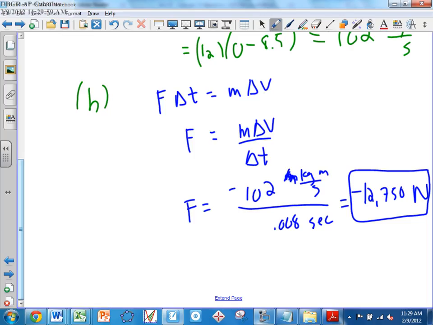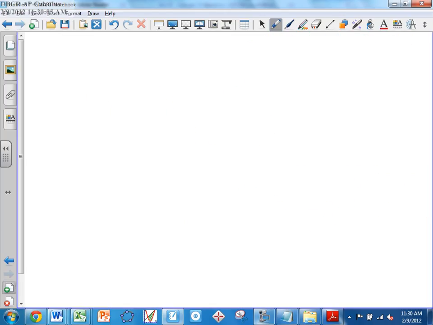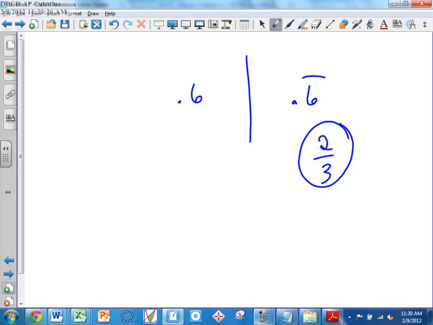The $2,000 question said 0.6 can be thought of as 3/5. What is the fractional representation of 0.66? 2/3, right? That was the $2,000 question.